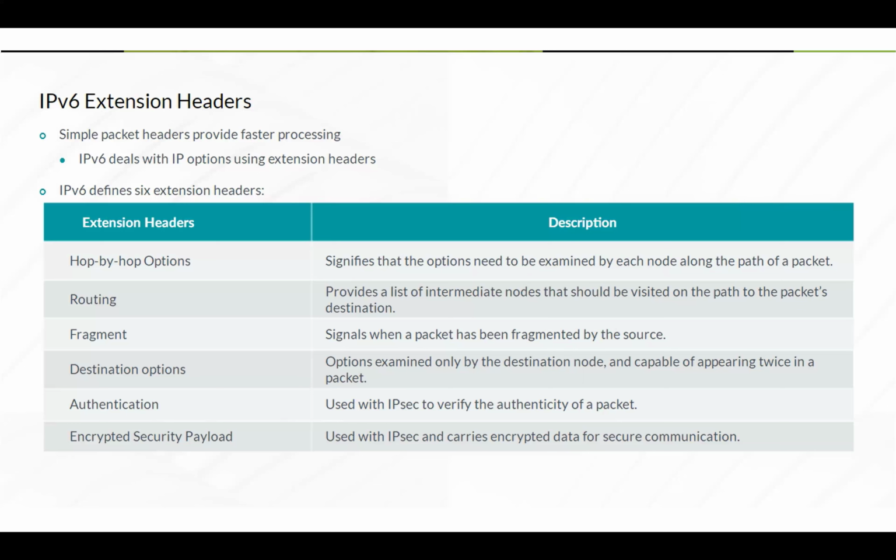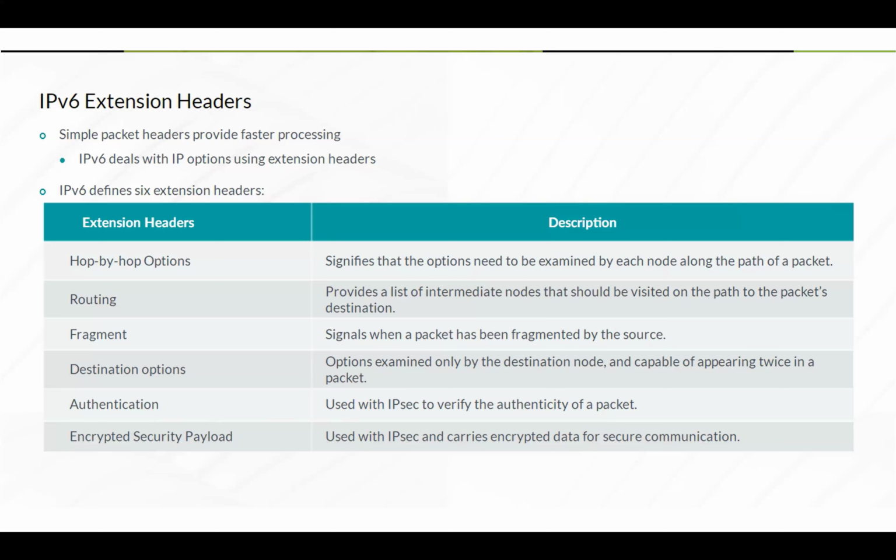Another one is routing, which provides a list of intermediate nodes that should be visited on the path to the packet's destination. Routing obviously will be present in your router if multiple routers are connected with each other in your organization. Without routing, that will not make sense.